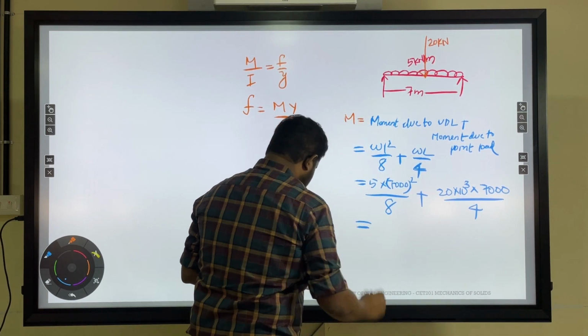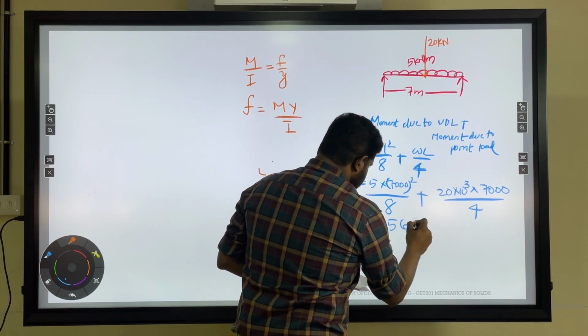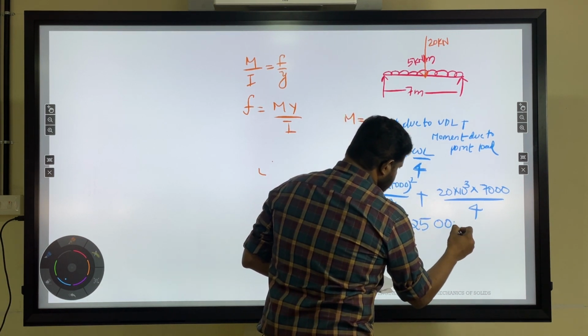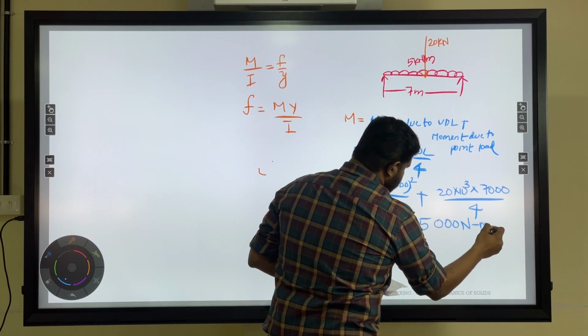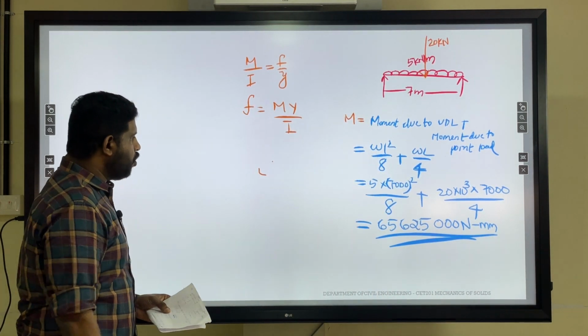So we get the moment value as 65625,000 Newton mm. This is the total moment developed.